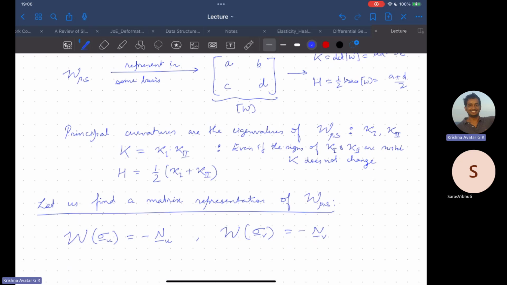The sign of kappa_1, kappa_2 depends on the choice of the normal vector n. Even if the direction of the normal vector or its sign is changed, K does not change. That is one of the reasons it is called intrinsic curvature. It never depends on the choice of the sign of the n vector. It is always invariant.